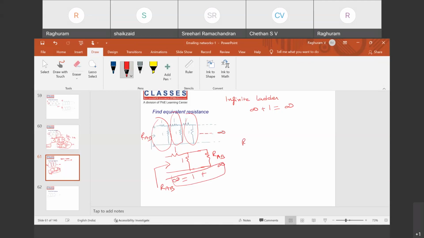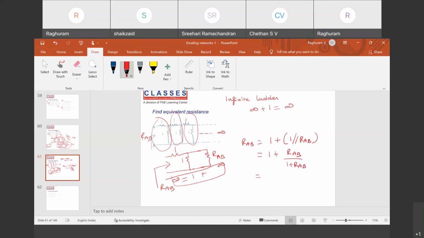Now tell me what is RAB from this. These two are in parallel, in series with this. So 1 is in series with 1 parallel to RAB. This is what you'll get: RAB equals 1 plus RAB by 1 plus RAB.